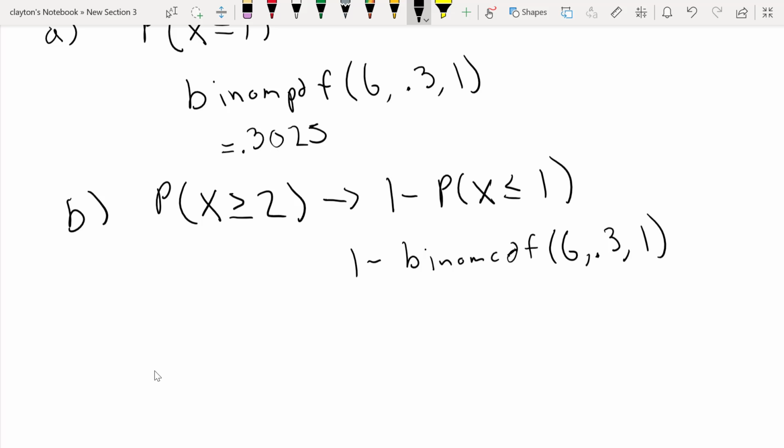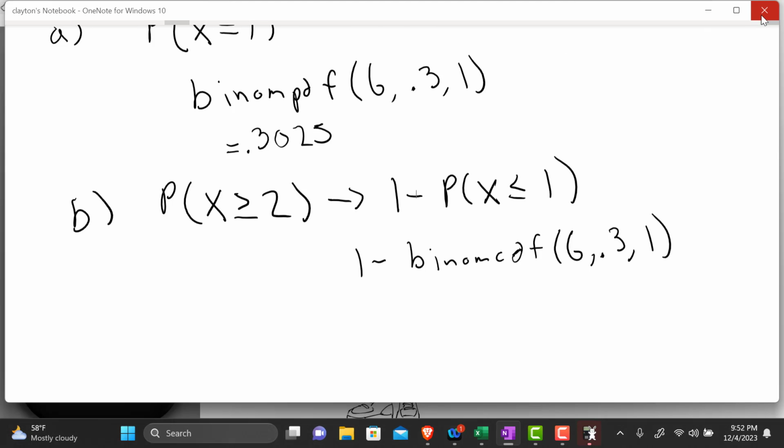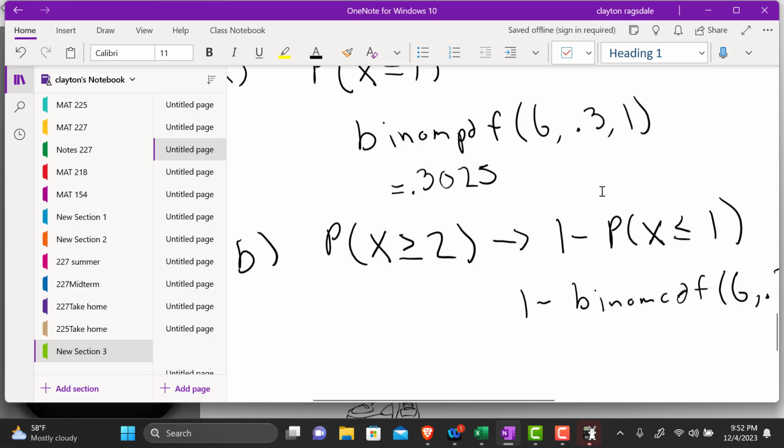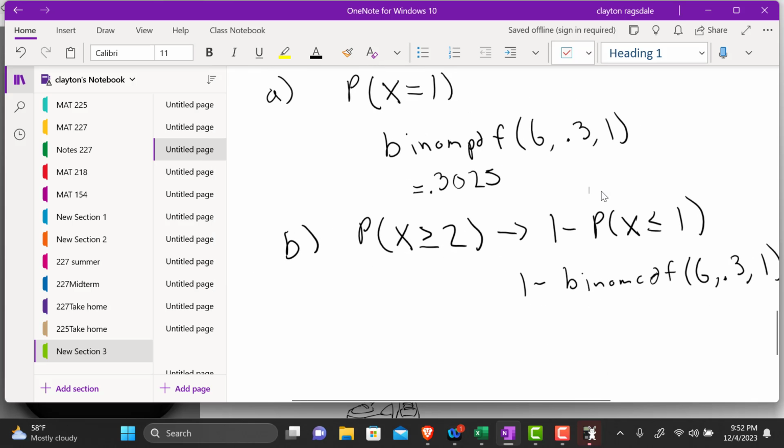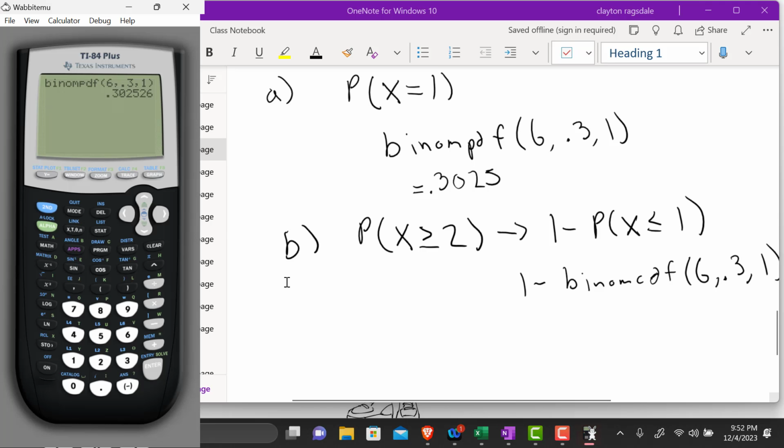And in part A, it was a PDF. Now we're doing a CDF. Same thing. Let's go ahead and go back. Try to minimize so you can see the whole thing there. And let's go 2nd vars. We'll go down here. Oh, too far. Binom CDF.